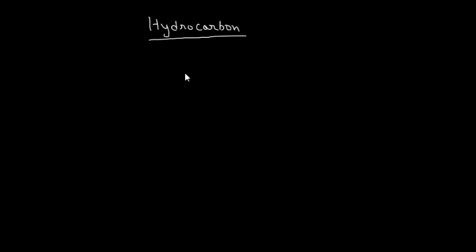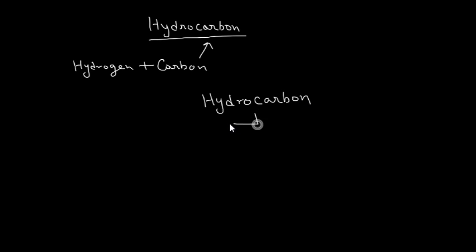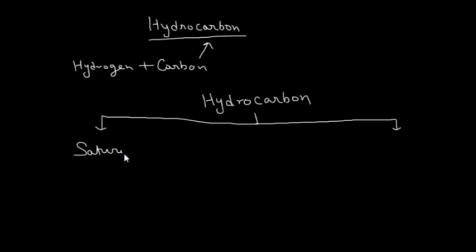Any compound made up of hydrogen and carbon is called a hydrocarbon. Hydrocarbons can be of two types: first is saturated and second is unsaturated.